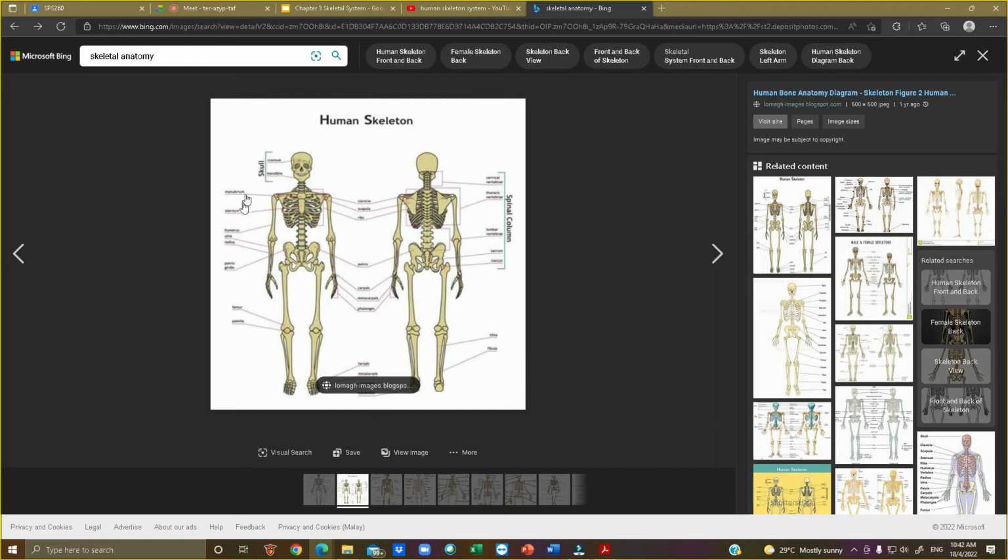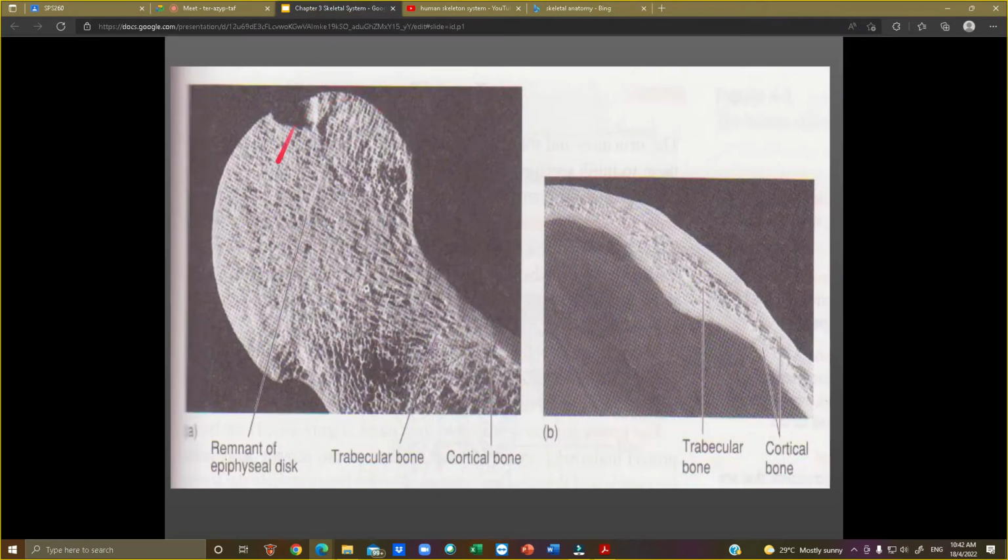However, this one, sebelah kiri ni, this is representing short and long bone. And this one, towards the right hand side, representing flat and irregular.